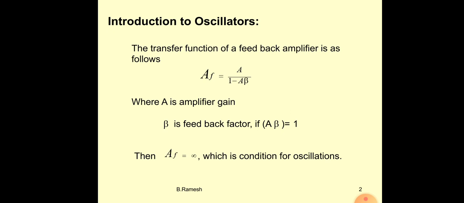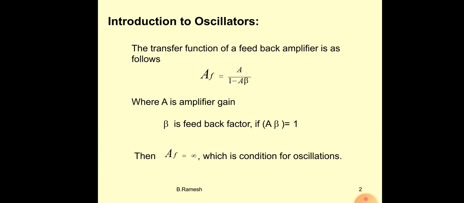The transfer function of a feedback amplifier is as follows. This is the positive feedback voltage gain formula: AF is equal to A by 1 minus A beta. A is the open loop amplifier gain, and beta is the feedback factor.